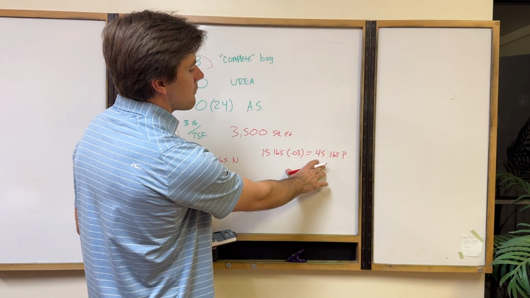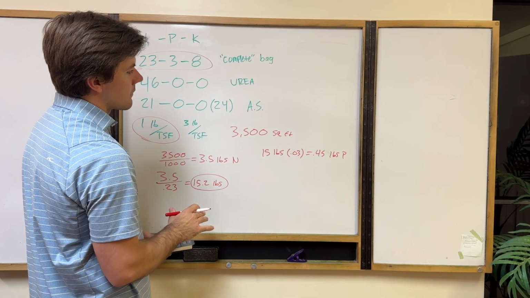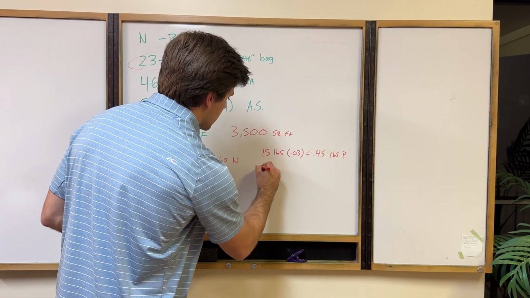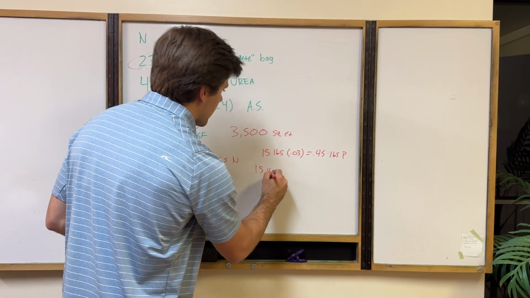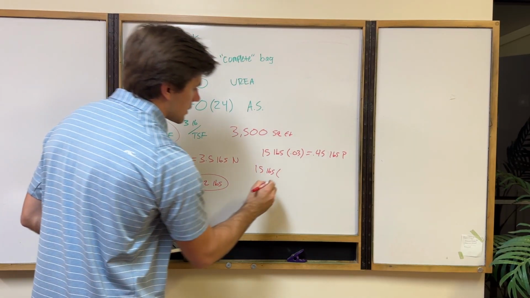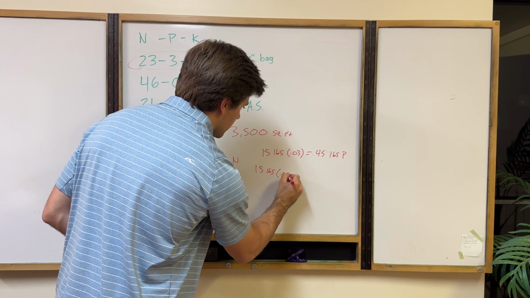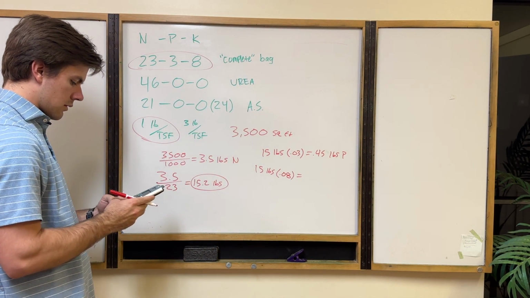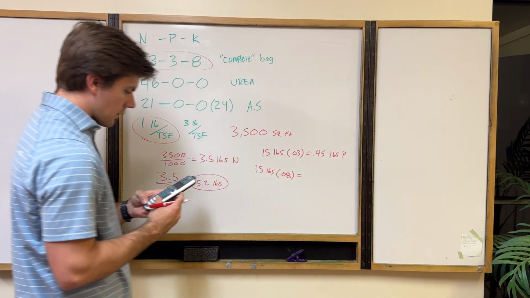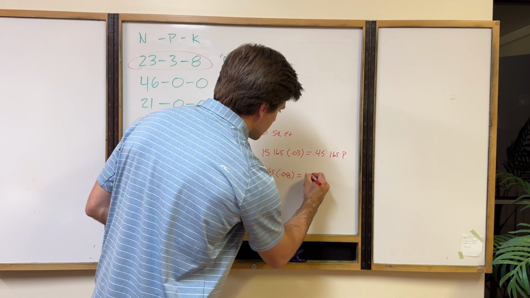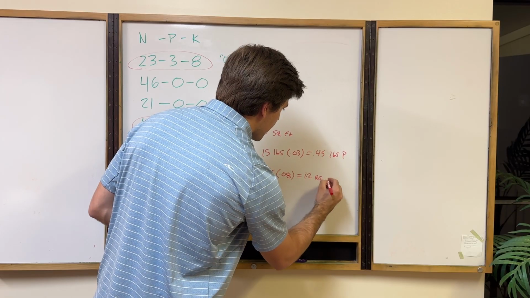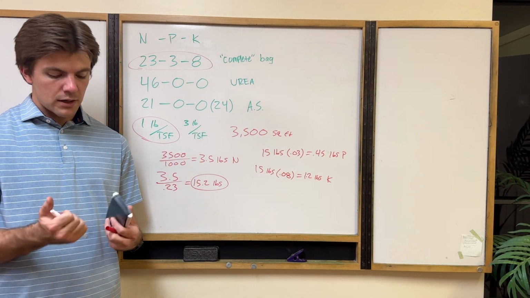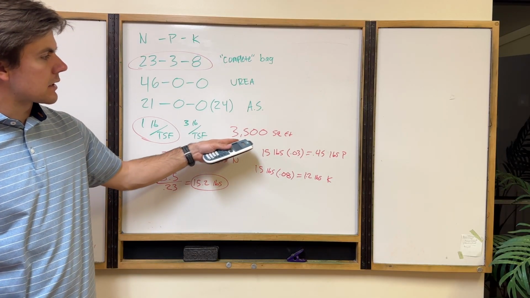You're getting 0.45 pounds of phosphorus for the whole yard. You do the same thing, you take 15 pounds and multiply it by 8%, 0.08. That will give you 1.2 of potassium. You're putting down 1.2 pounds of potassium over the entire yard.